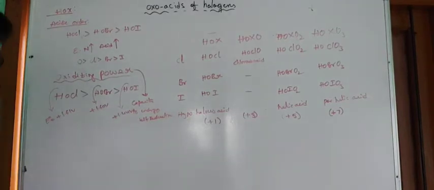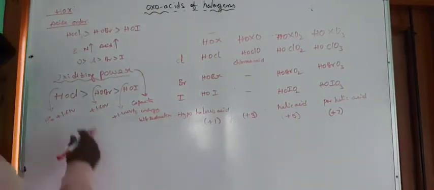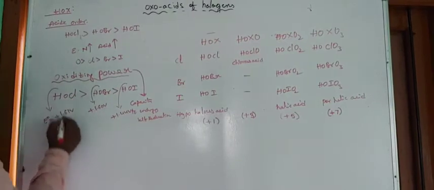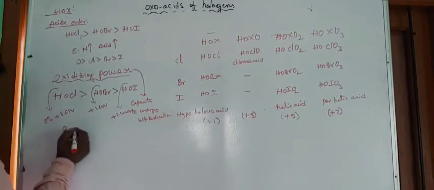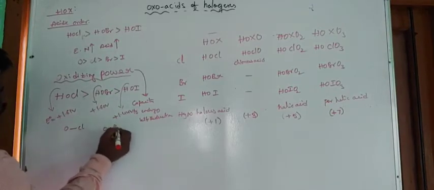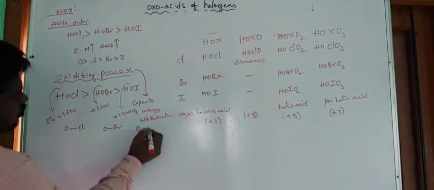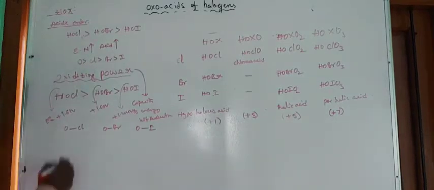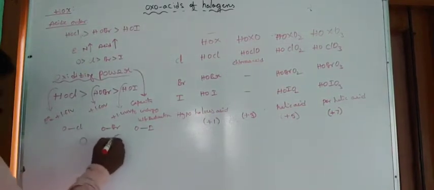Okay, and one more reason we can explain here, guys. You see the bond strength. In this one, you see the bond between O and Cl, here the bond between O and Br, and here the bond between O and I. So from here to here, the size of the halogen gradually increases.